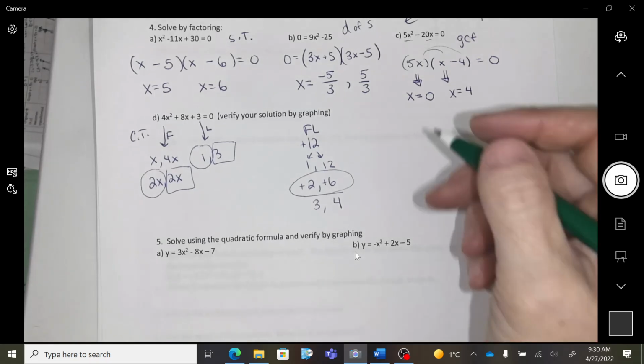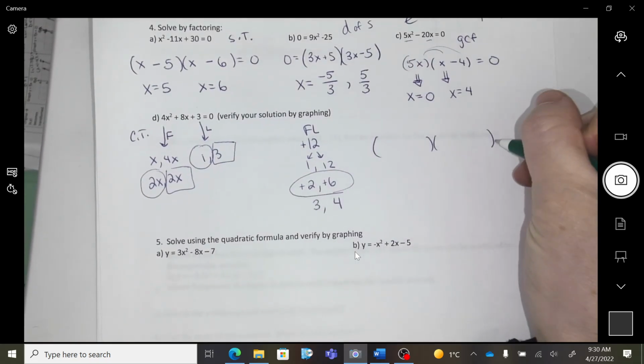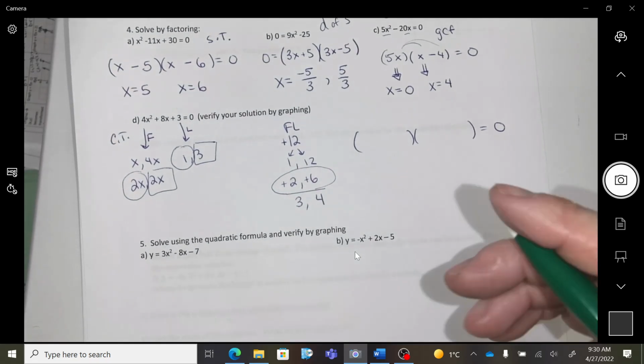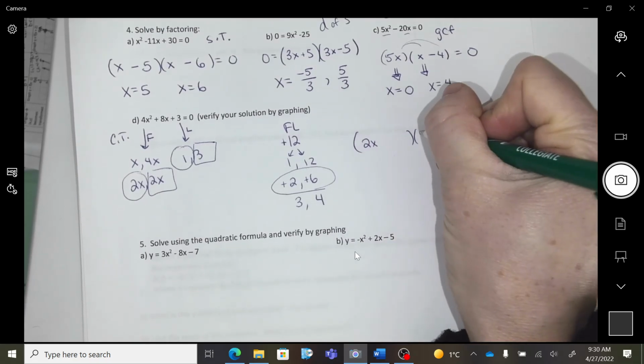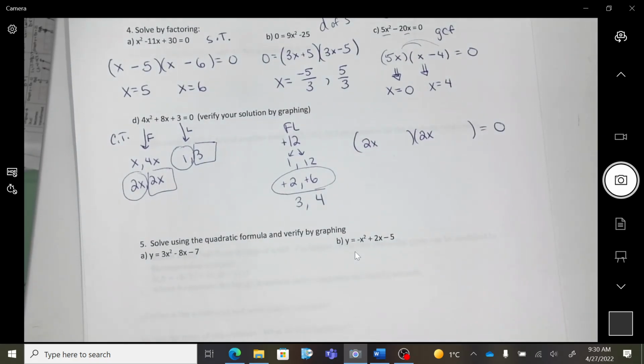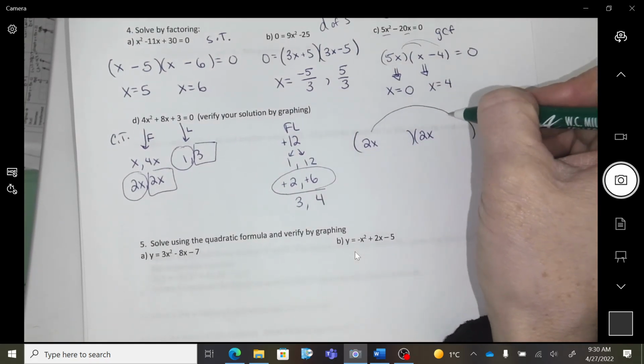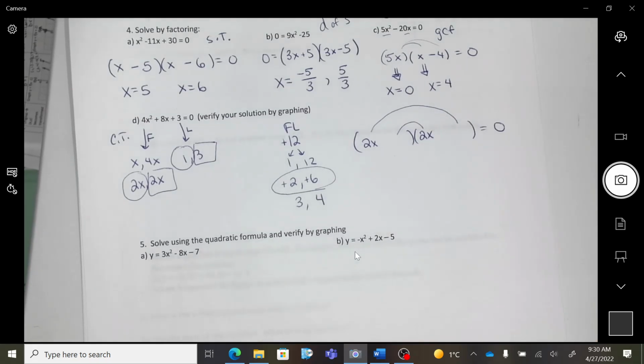Okay, so I'm going to set this up with 2 brackets now. And the first is a 2x times a 2x. So I write the first and first in there. Okay, now I'm going to do outside partners, inside partners, because that's the FOIL, the out and the in.